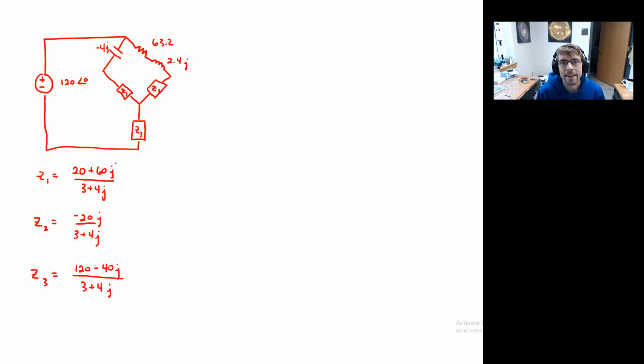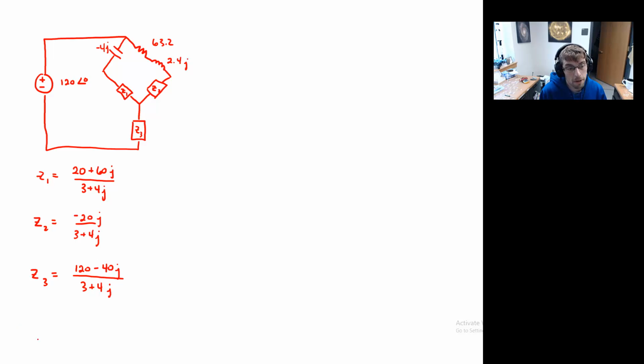Alrighty then. So the next thing that will probably be of use is we notice that we have these branches where several items are in series, namely the Z1 with the 4j capacitor and the Z2 with the resistor inductor combination. And so it would probably be useful for us to take these Z's and get the j's into the numerator.